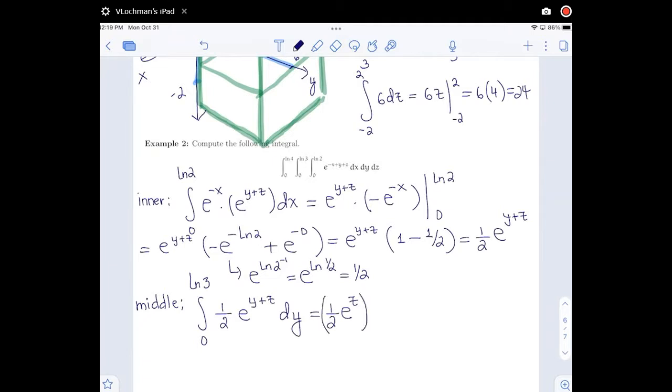So I'm going to put it in parentheses just to emphasize that that is a constant. The antiderivative of e to the y is just e to the y, so that's nice. We go from 0 to natural log of 3. Okay, so this is e to the natural log of 3 minus e to the 0.